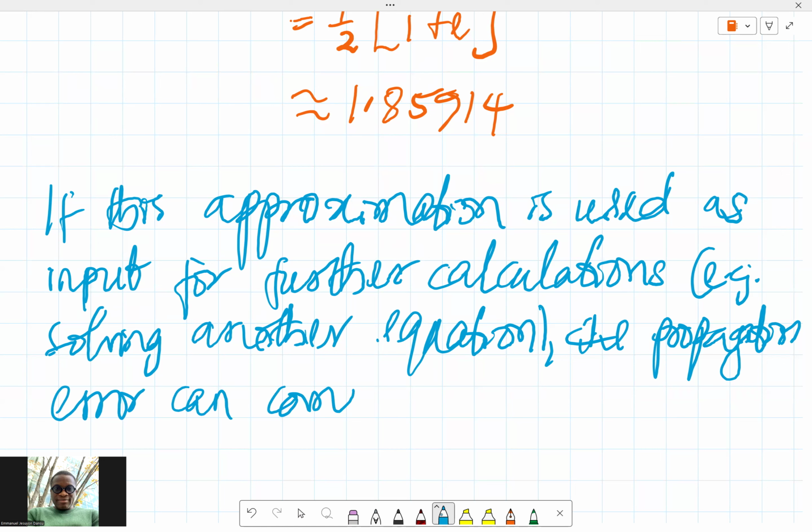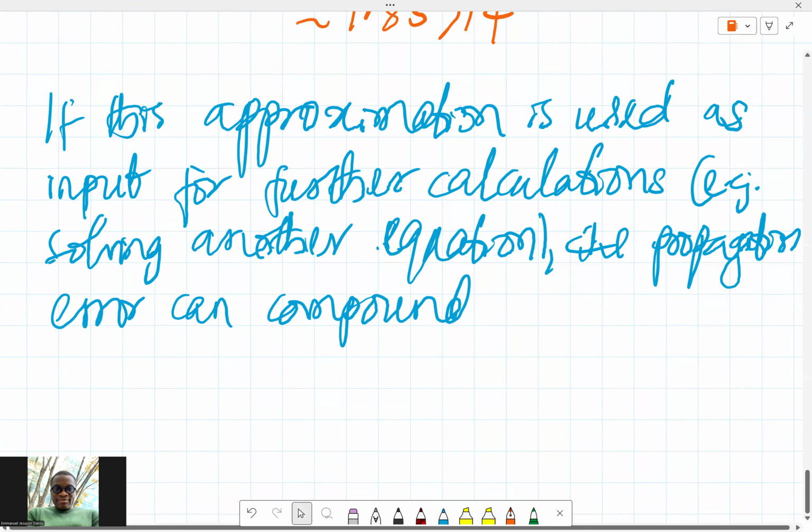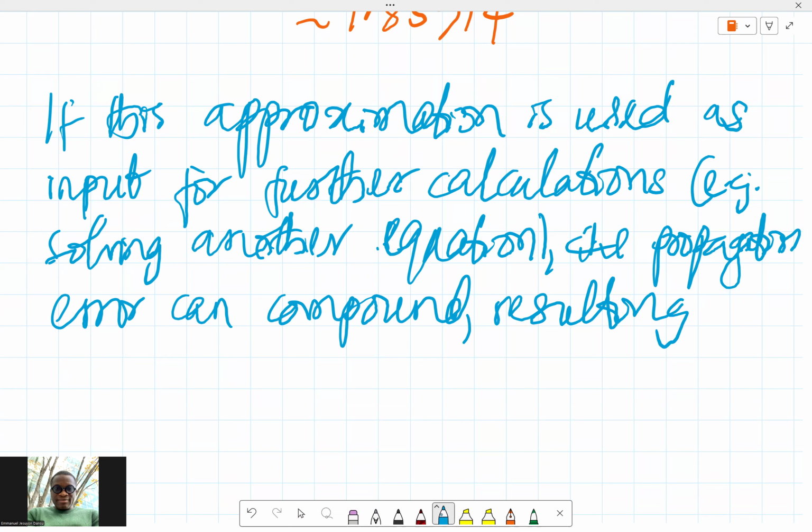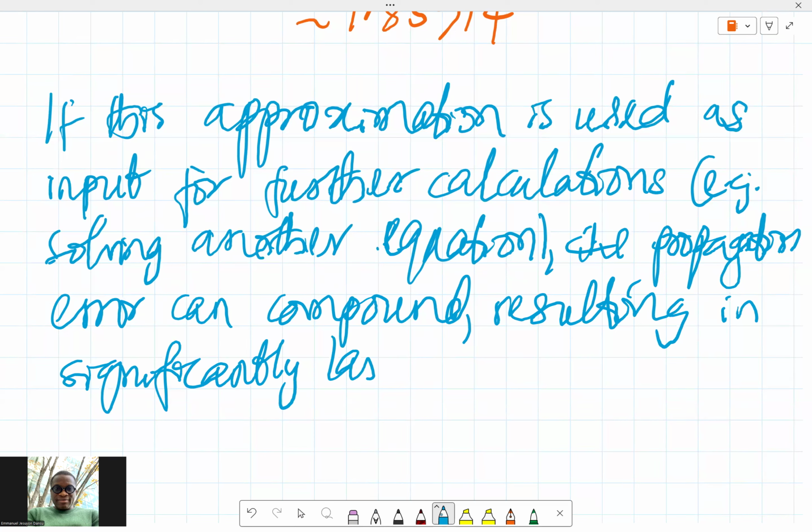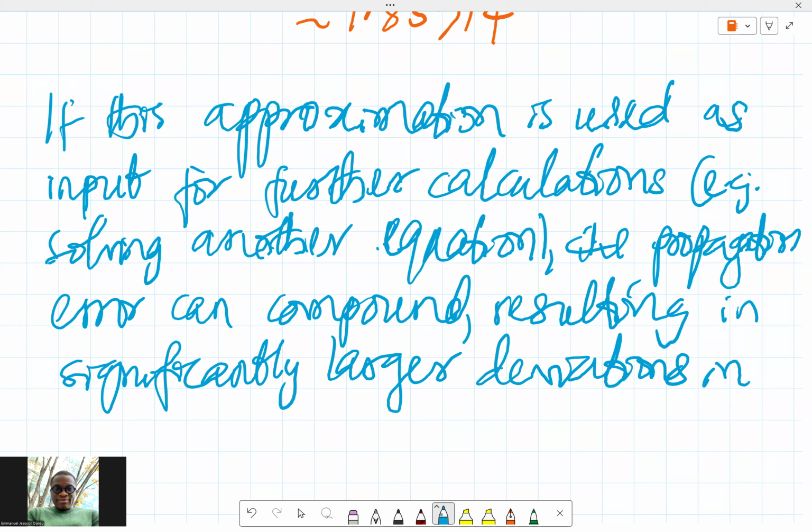More like you've made an error, so the error keeps compounding, resulting in significantly larger deviations in the final results.